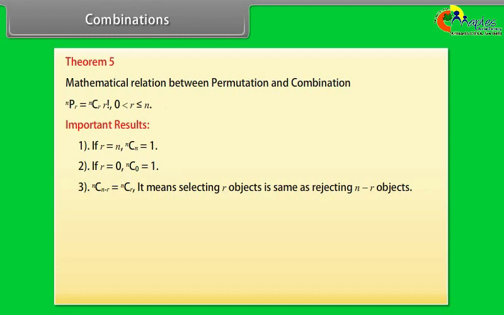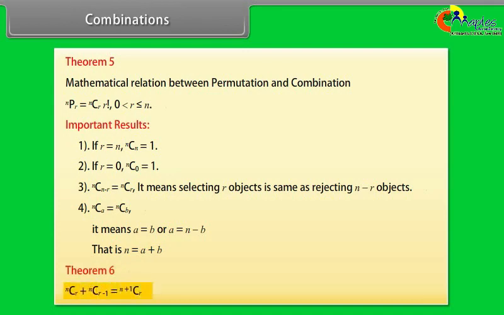It means selecting r objects is same as rejecting n minus r objects. 4. nCa is equal to nCb. It means a is equal to b or a is equal to n minus b. That is, n is equal to a plus b. Theorem 6. nCr plus nC(r minus 1) is equal to (n plus 1)Cr.